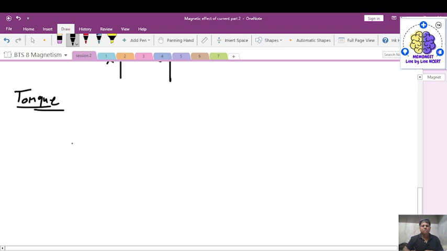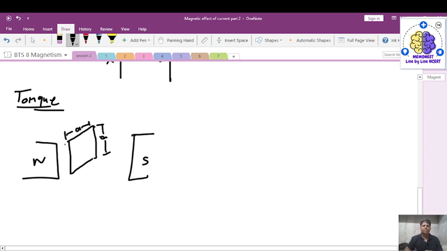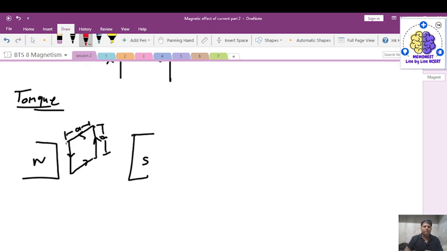Suppose this is a rectangular coil which is placed in a uniform magnetic field, and it is a square coil, having all its sides as A. Let's say there is a magnet here, north here and south here, so the magnetic field is in this direction, and the current flowing in the coil is anti-clockwise. Let the coil be named A, B, C, D.